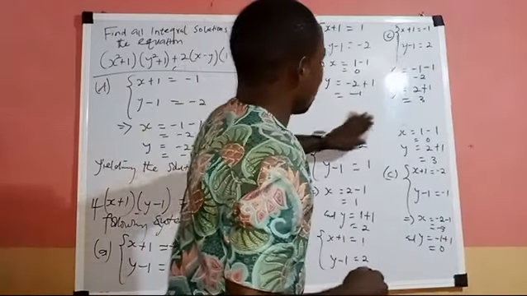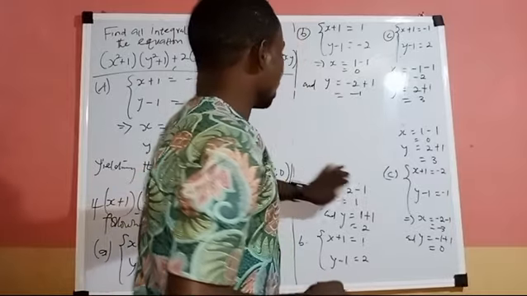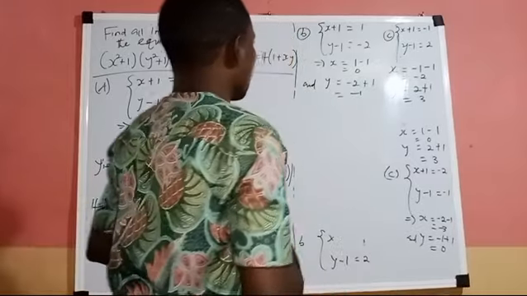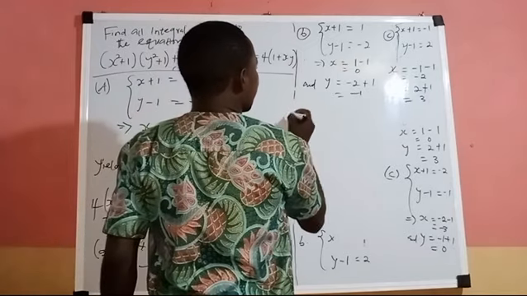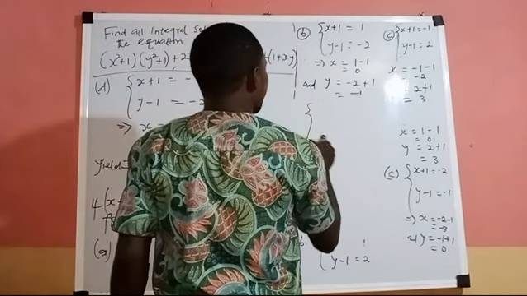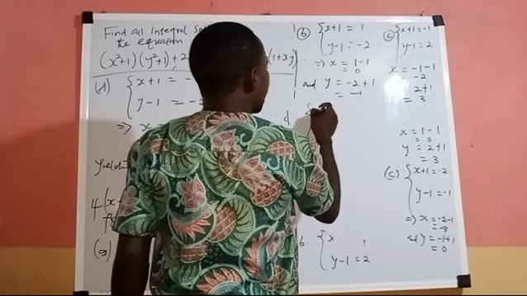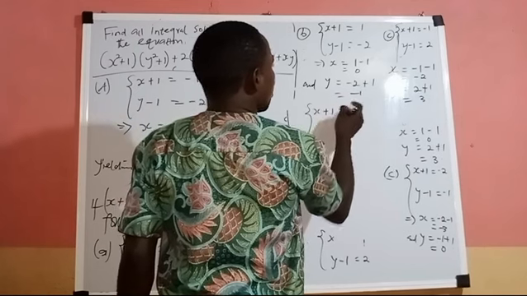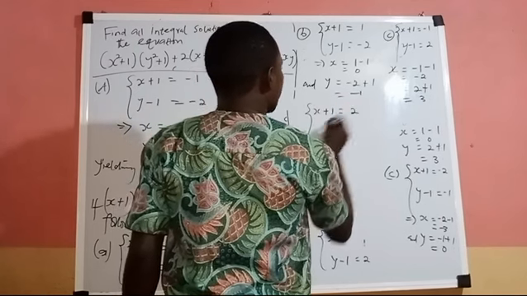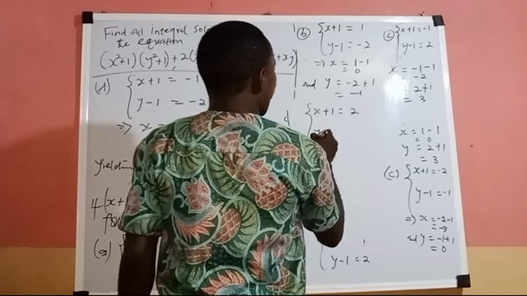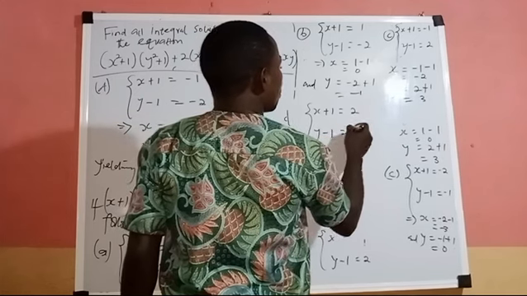And then finally the fourth system of equations will give us, this is D, x + 1 will be equal to 2, and y - 1 will be equal to -1.